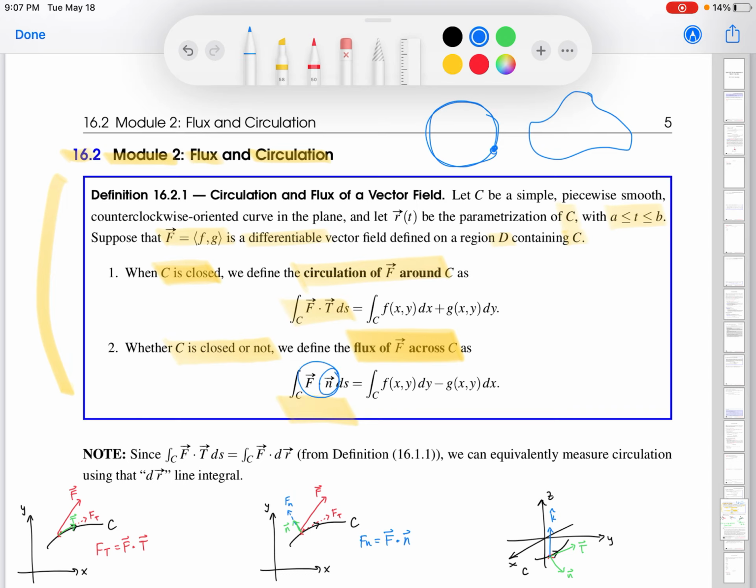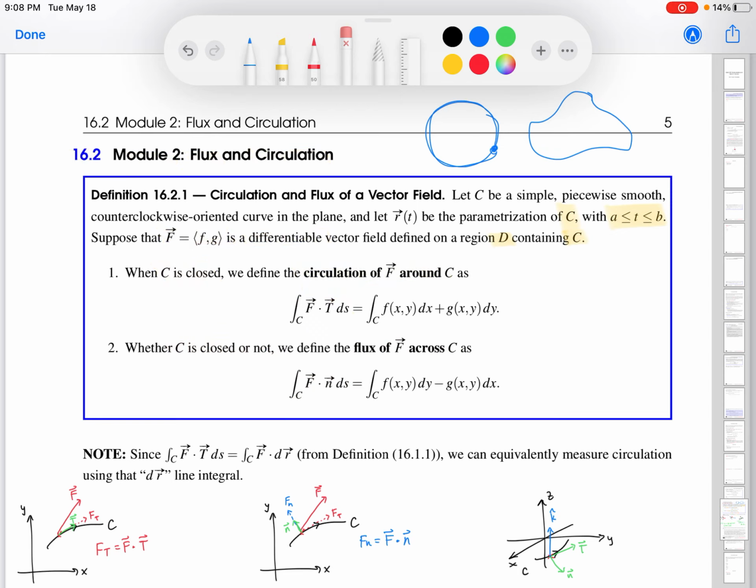Long story short, this n here is the normal vector to the curve, which is kind of the complement, if you will, of T, the tangent vector to the curve. And in a moment you'll see, I've pre-drawn some things down here. We are going to derive how this left-hand side vector line integral turns into this thing you see on the right-hand side. Okay, so that's this definition.